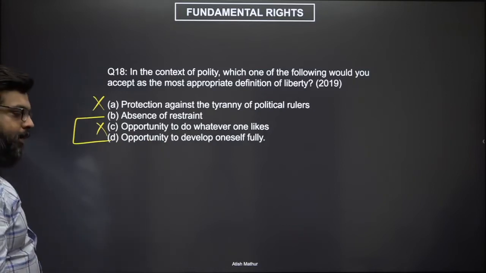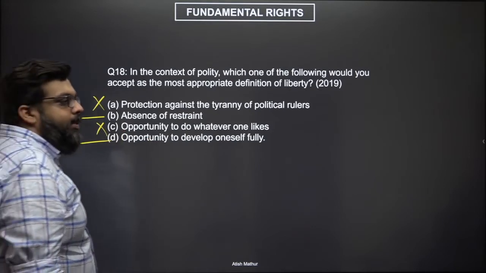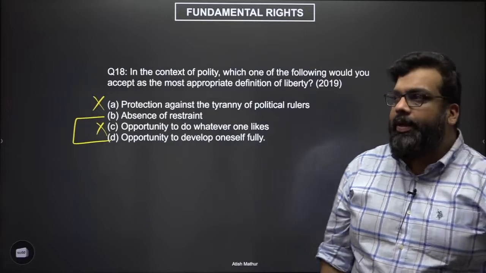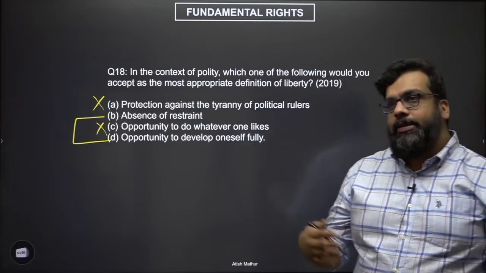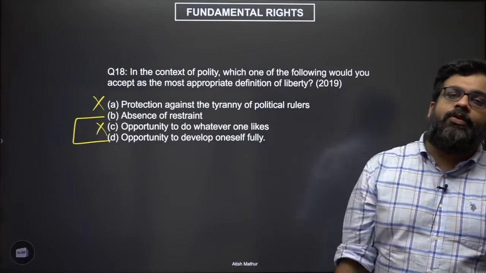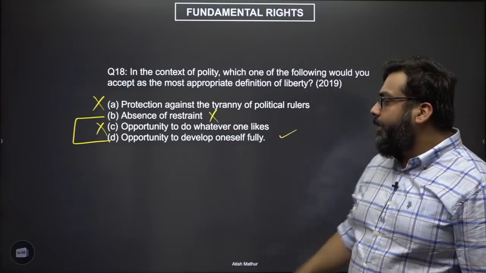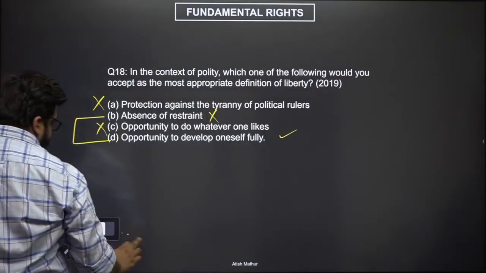Option D only means positive development. Option B says absence of restraint. Does this mean that there are no restrictions on what you want to do and what you would ever do? No. Liberty will have certain restraints, but those restraints have to be justified through law and they have to be reasonable. So your option becomes D, the opportunity to develop oneself fully. Okay, important.